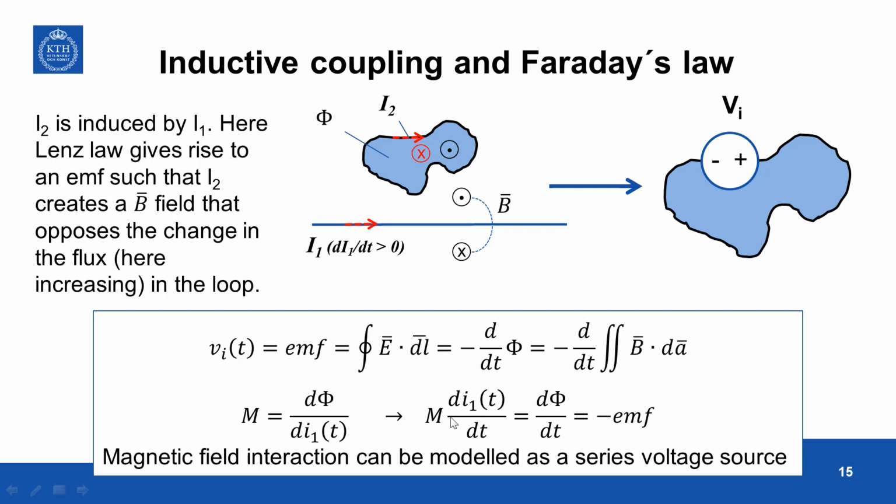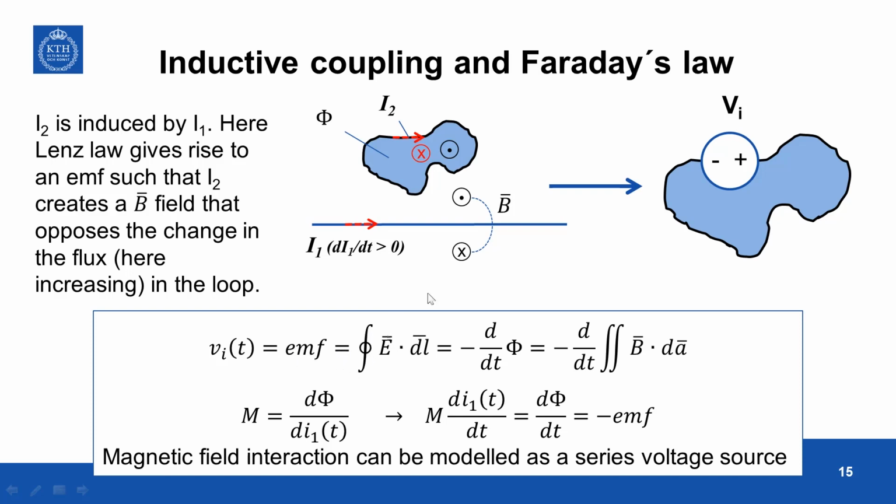Now, how to model the inductive coupling? We have seen in chapter 2 how to model magnetic field interaction as a series voltage source. That is shown pictorially over here. The relevant equations we have also seen from Faraday's law.